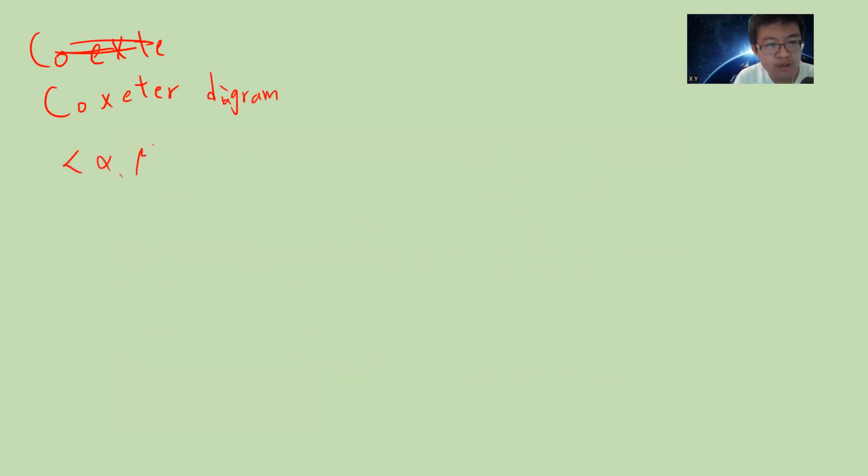Okay, so let's talk about the meaning. Before we talk about meaning, let me tell you how to view this diagram. This diagram is called a Coxeter diagram. Simply speaking, if alpha and beta have a negative half inner product, basically their angle is 2 pi divided by 3, then we will draw it this way.